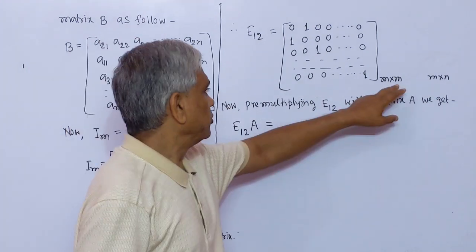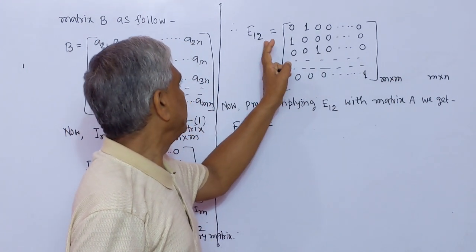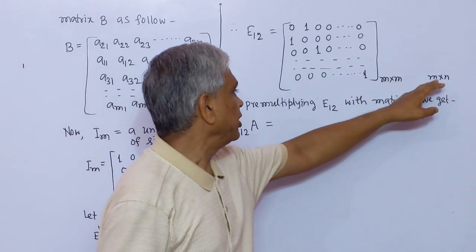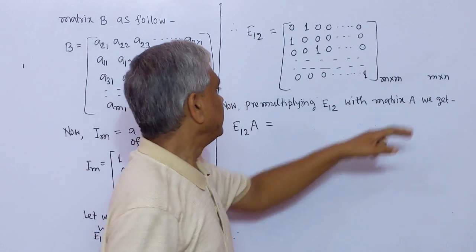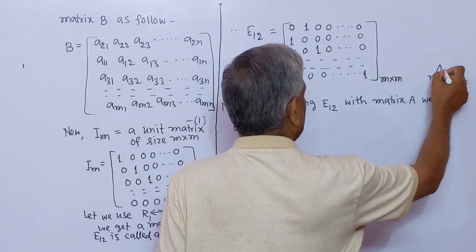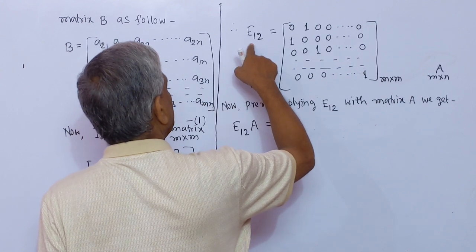So here the number of columns of E12 is equal to the number of rows of A. So we may multiply these matrices. This is A pre-multiplied by E12.